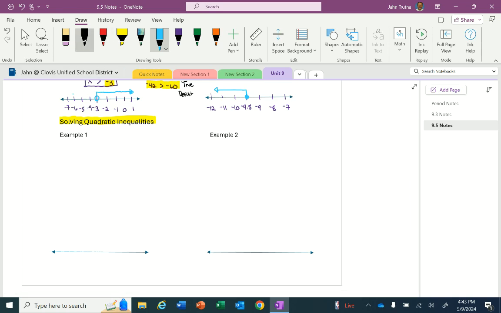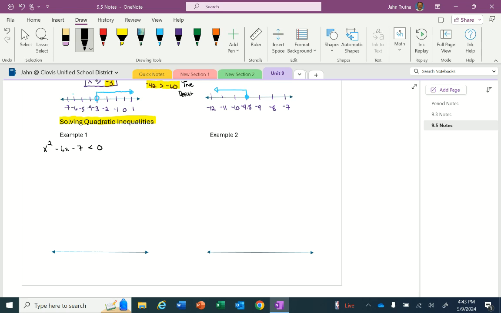Now let's go to solving the quadratic inequalities. It's going to be the same idea, more or less, but instead of a linear equation, I'm going to have a quadratic equation. How about we go with x squared minus 6x minus 7 is less than 0.